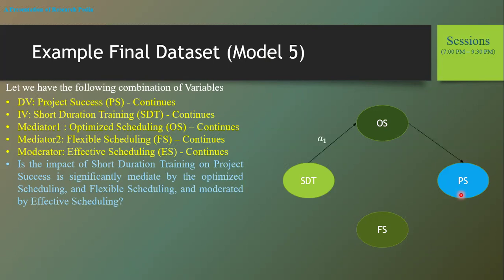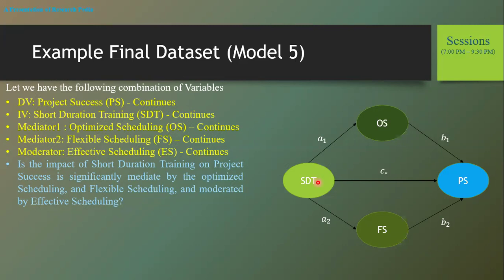So in this case, you can see we can measure the impact directly or indirectly using SDT, OS, and PS. And in the same way, we can measure the impact of SDT on FS and FS on PS through direct and indirect ways. This is the same combination that we used in the previous example.